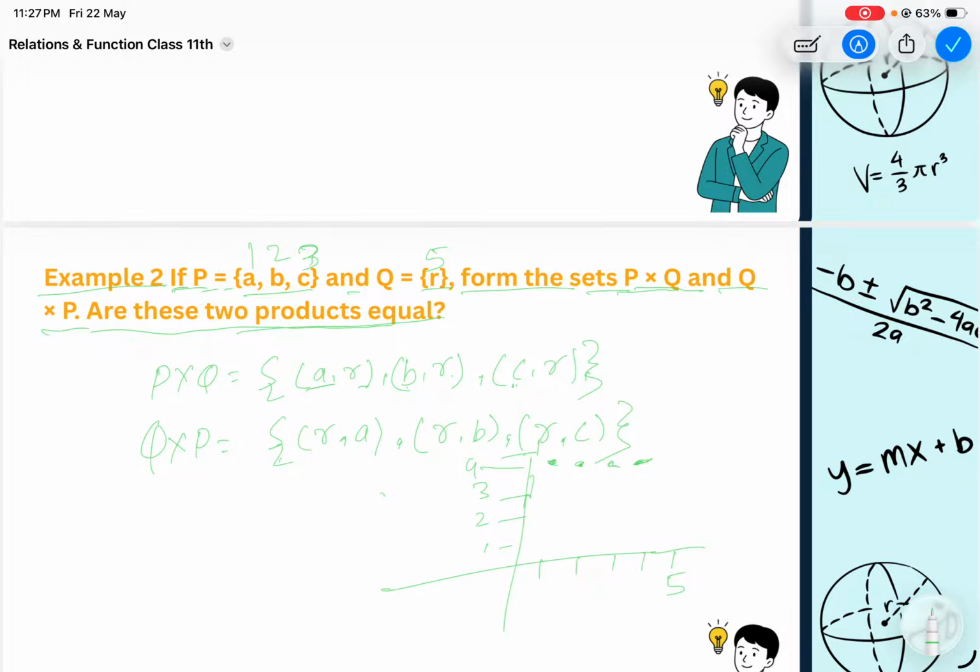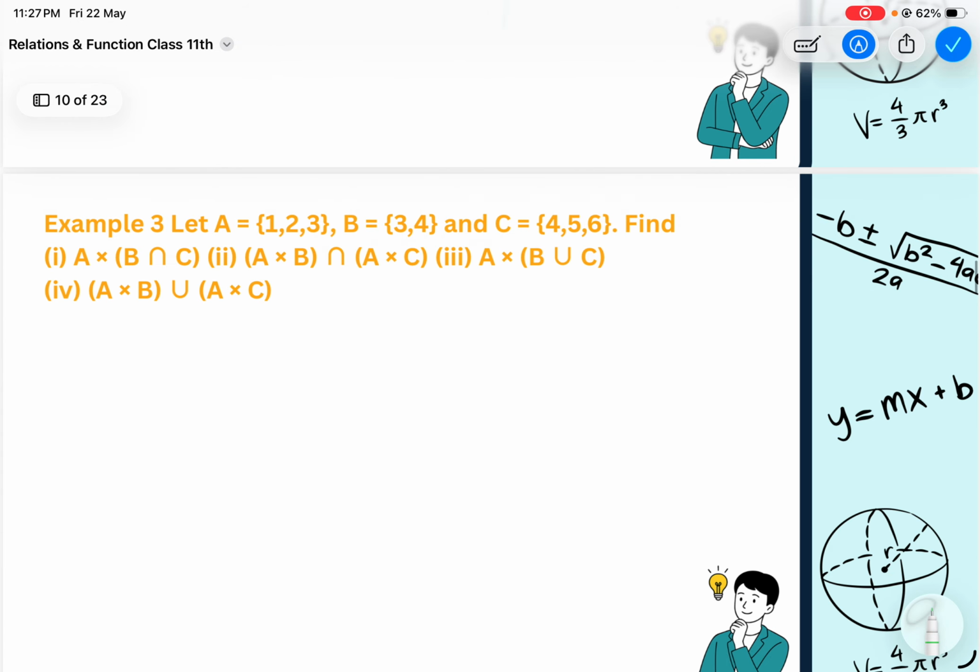So we have all the numbers from this set. Now we have (r, a). R means 5, which is the x coordinate, for example. So (5, 1), (5, 2), (5, 3). So this is a different thing.